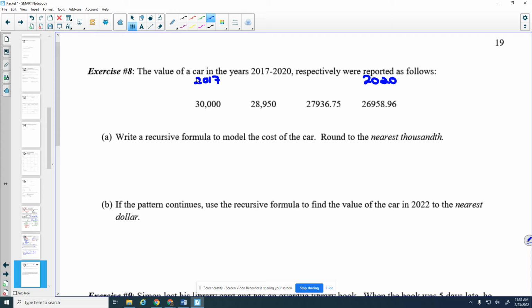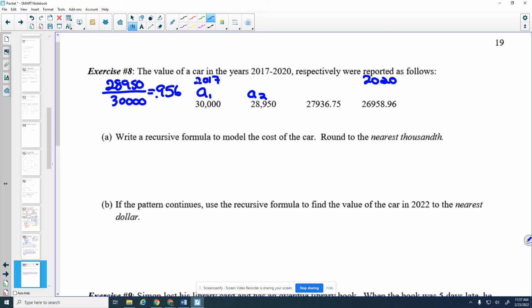Now, because we're pretty far into the lesson, I'm going to let you know it's not arithmetic. If I subtracted down the row backwards, I would not get the same number. But if I divide, so if I take the second term and divide it by the first term, I get to the nearest thousandth 0.956, and that would actually continue.